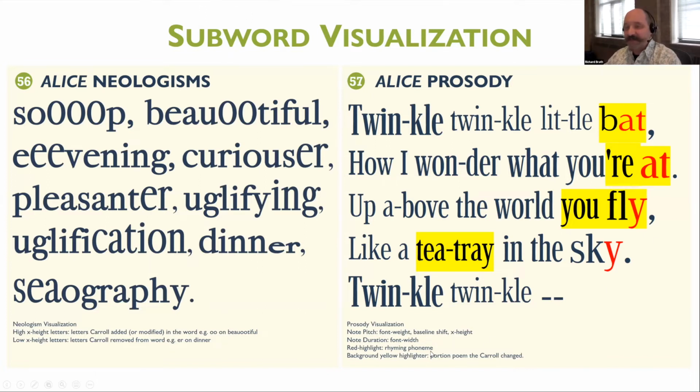He didn't really change very much of Twinkle, Twinkle at all to get his fun little version. And then we also have things like bold and the baseline x-height changing to indicate the note pitch, and then narrow letters and wide letters to indicate shorter and longer pitches in the words, and so on.